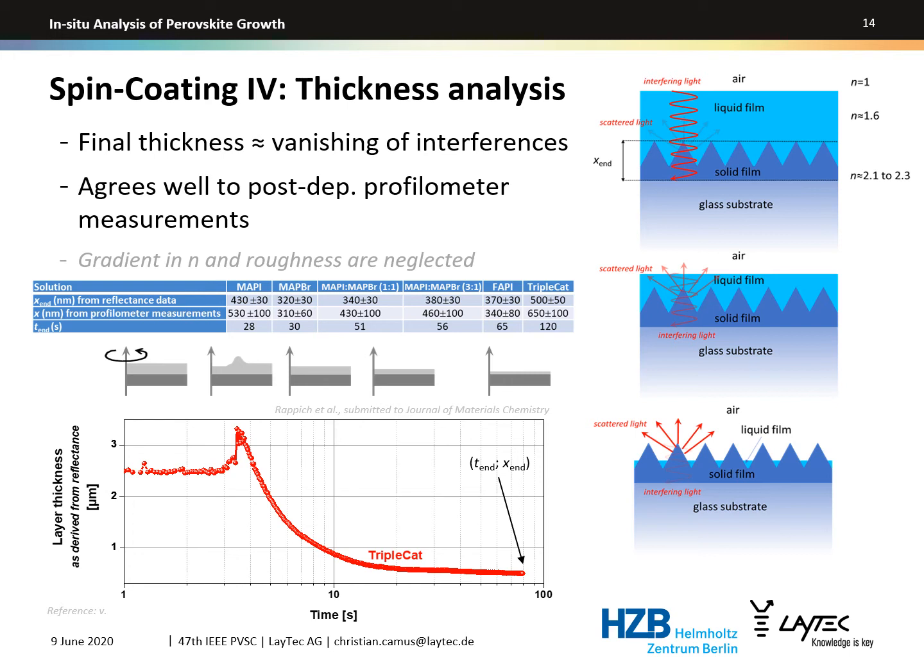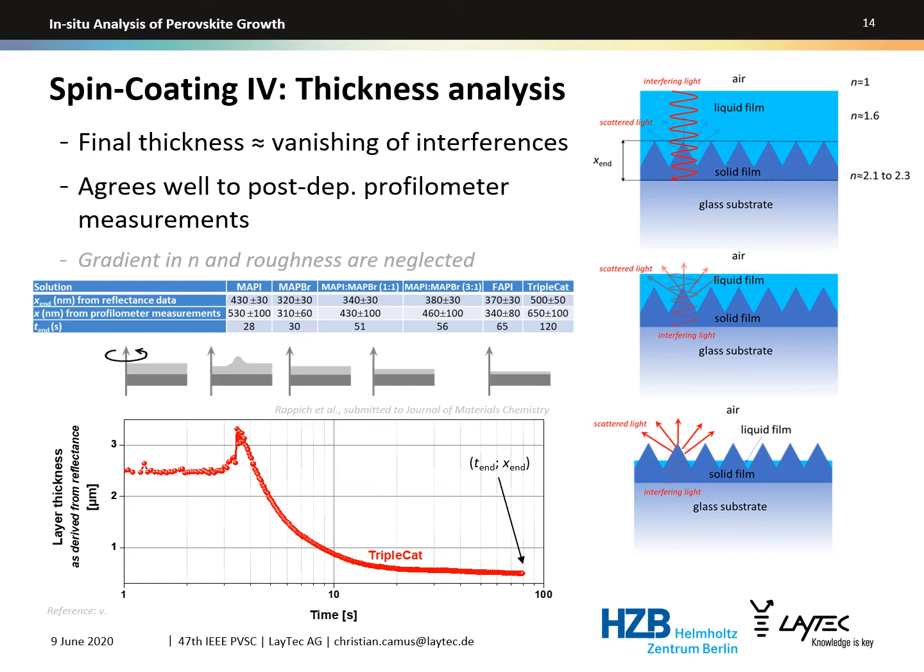So what does it mean? It basically means that indeed interfering light seems to probe the entire film, so the solid part and the liquid film, while the liquid film seems to act like a reflection agent, enabling the dominance of the interfering light over the scattering light. But as soon as the solution is more and more consumed and is not covering the solid film completely, scattering starts to dominate and there is no interference observed ever after.